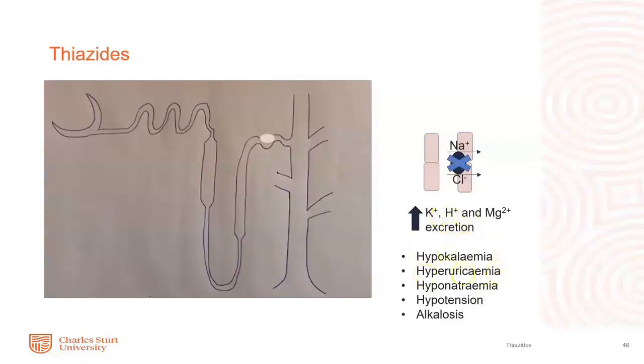That can lead to side effects of hypokalemia, hyponatremia, and if they work too well, hypotension. If you excrete too much free hydrogen ion, you get alkalosis. You also get inhibition of secretion of uric acid into the distal convoluted tubule, and that leads to hyperuricemia, and that can promote gout as well.